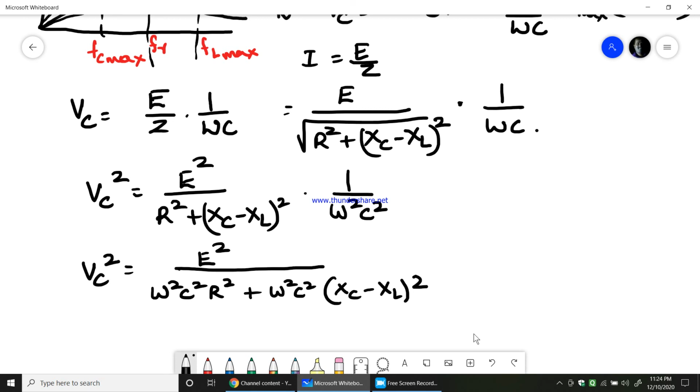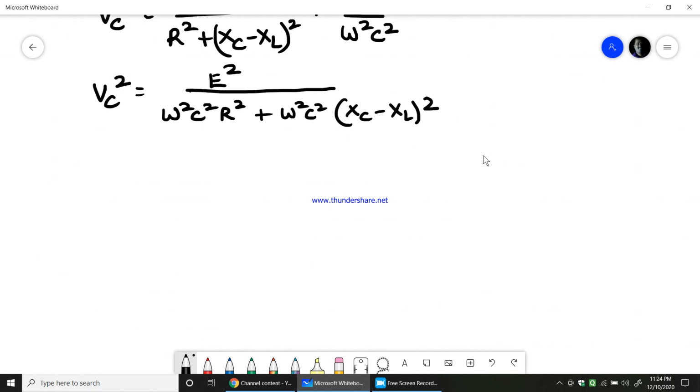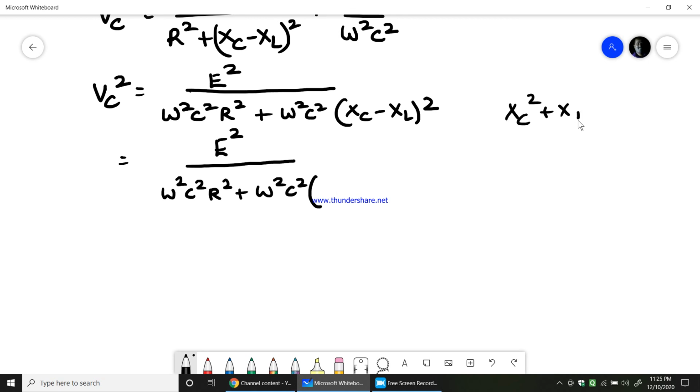So this is equal to E square divided by omega square c square R square plus omega square c square into (Xc minus XL) the whole square, which can be written as Xc square plus XL square minus 2 XL Xc. Xc square is nothing but 1 over omega square c square.